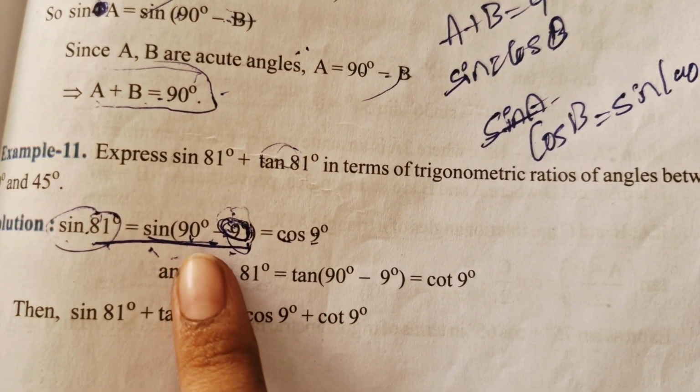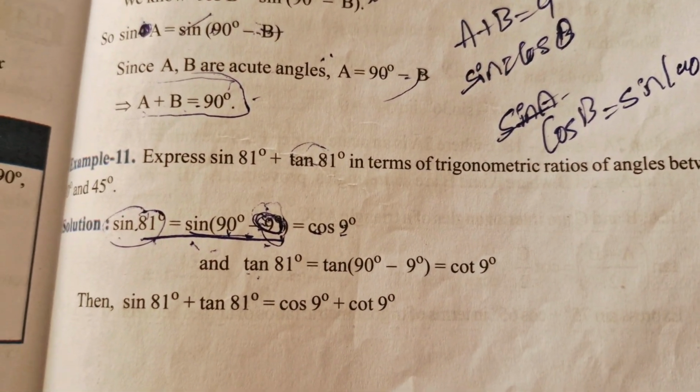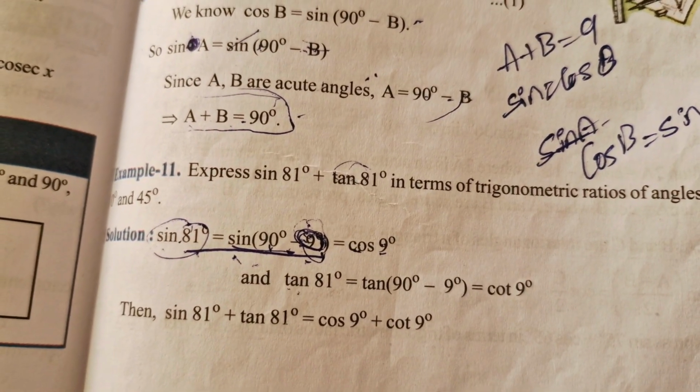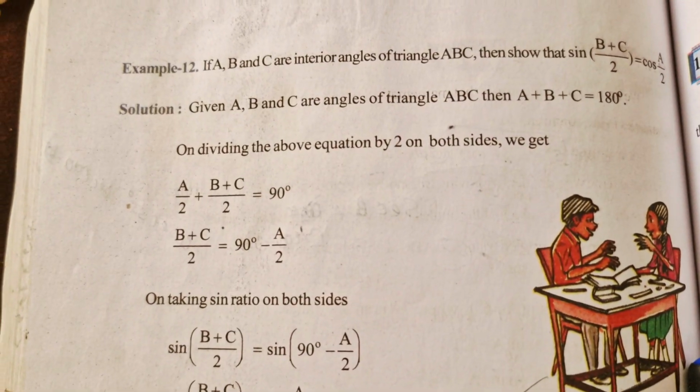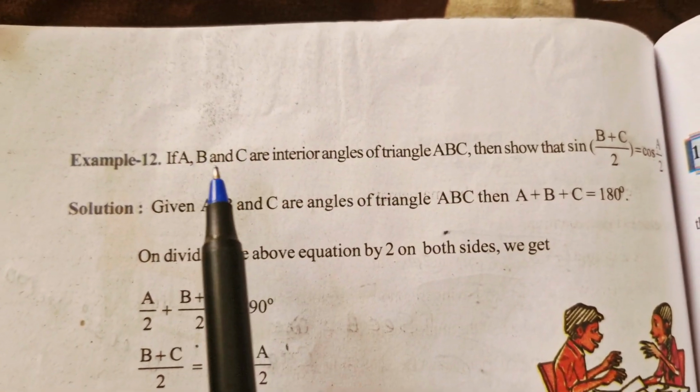This is the question they have asked, and this is the answer. Hope you understand this 11th example too. Let us move to another one. So look at this 12th example.